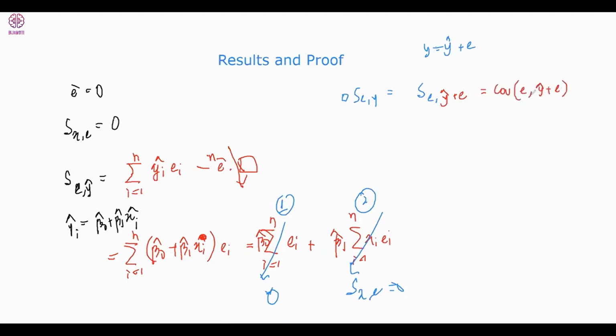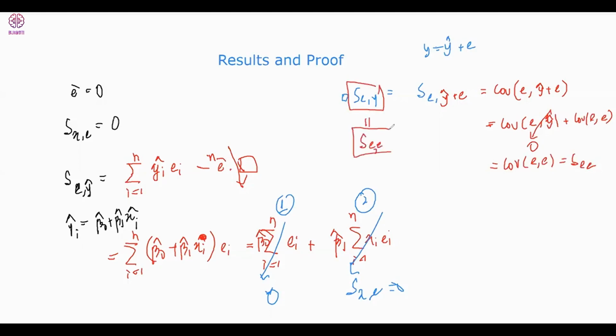The covariance of y hat and e is 0, so it is the covariance of e comma y hat plus the covariance of e comma e. The first is 0, and the second is s of e comma e. So we get that s of e comma y is equal to s of e comma e, and we got this second result.